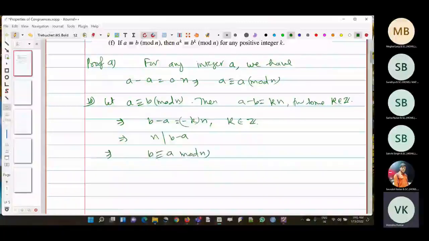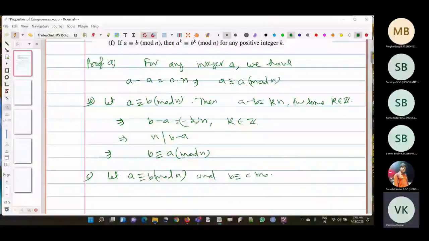Let us see this C part, that is the transitivity part. So we have been given, let A be congruent to B modulo n, and B be congruent to C modulo n.